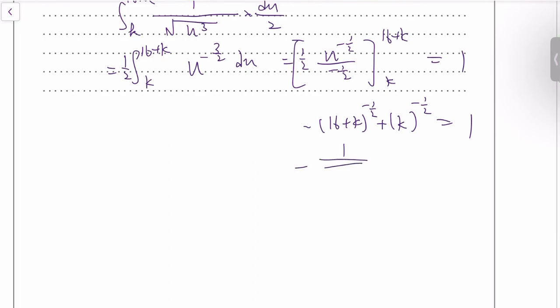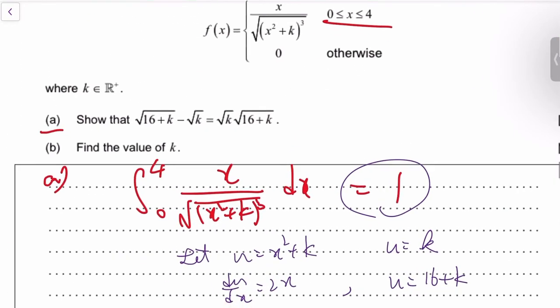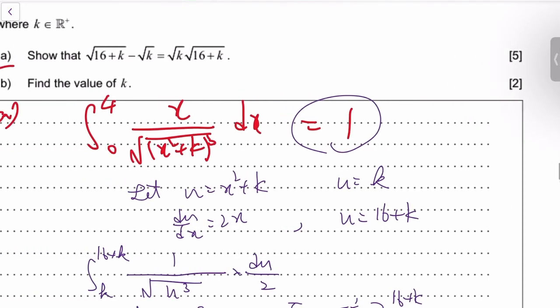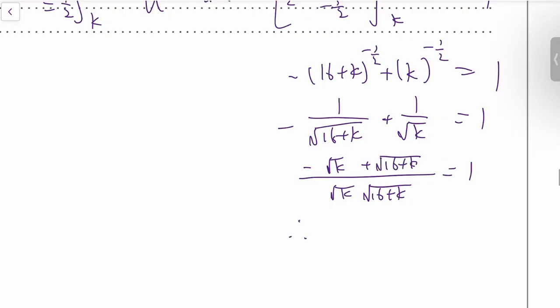Negative 1 over square root of 16 plus k, plus 1 over root k. That looks like what they want. Pretty much. I think they get a common denominator on the left, and then multiply the bottom to the right to get what they want.